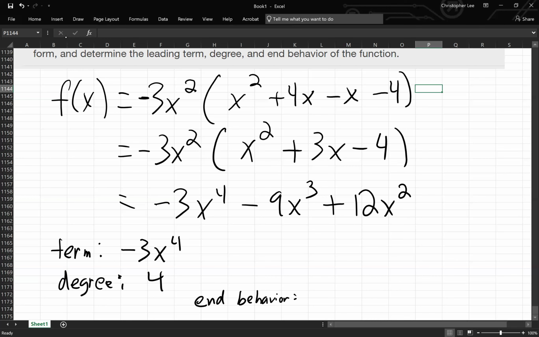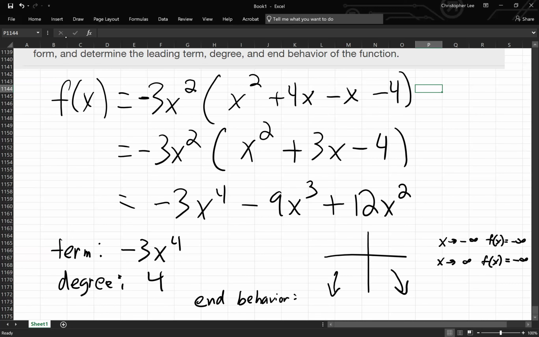Yeah. So I would take an answer that looks like this if you want. You could draw it out if you want. If you want, you could tell me in symbols, right? As x approaches negative infinity, f of x is going to approach negative infinity. And as x approaches positive infinity, f of x approaches negative infinity, right?